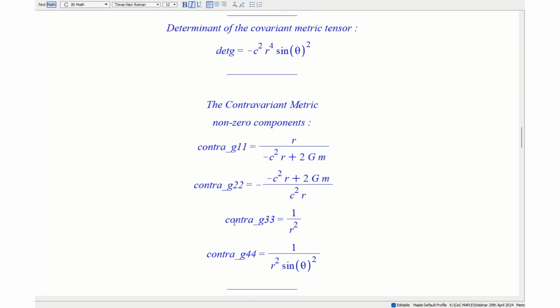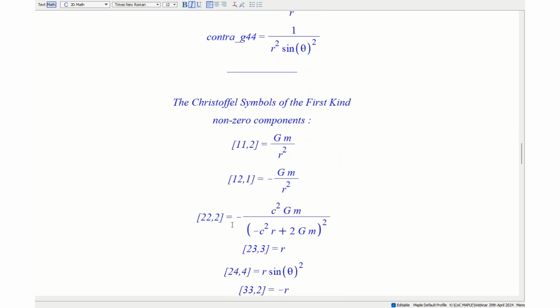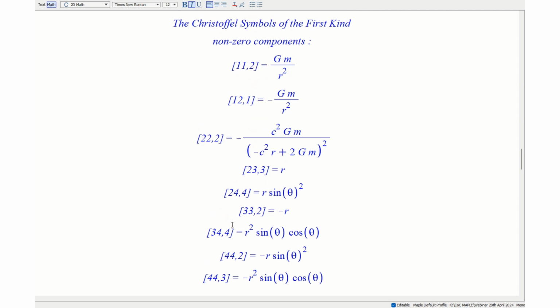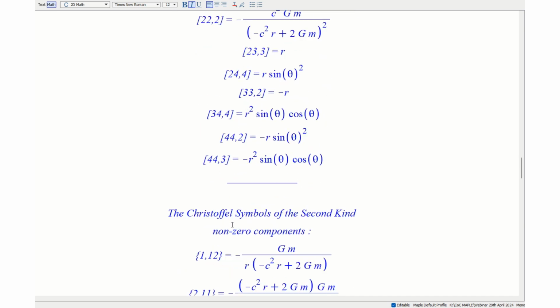After covariant, we have contravariant components, so that covariant into contravariant will lead to the unit matrix. Christoffel symbol of the first kind you can see on your screen, non-zero components. Actually they should be 4 into 4 into 4, that is 16 into 4, which is 64. Only non-zero components are listed here.